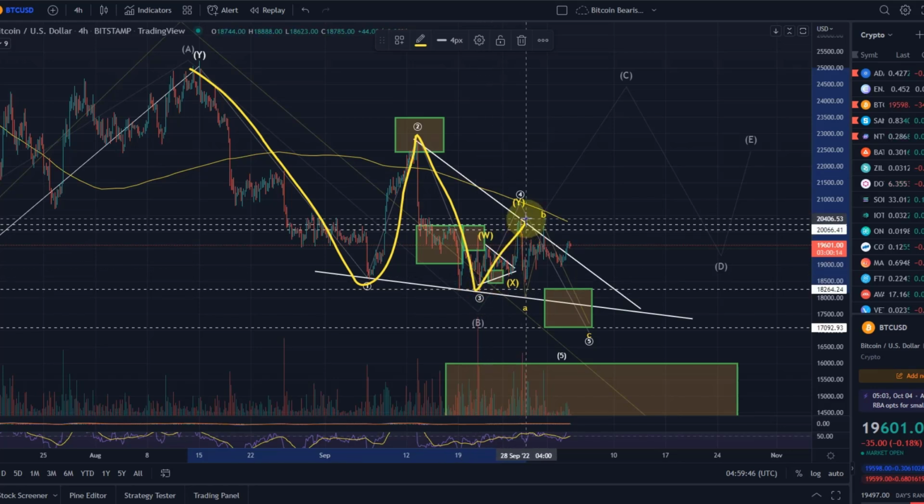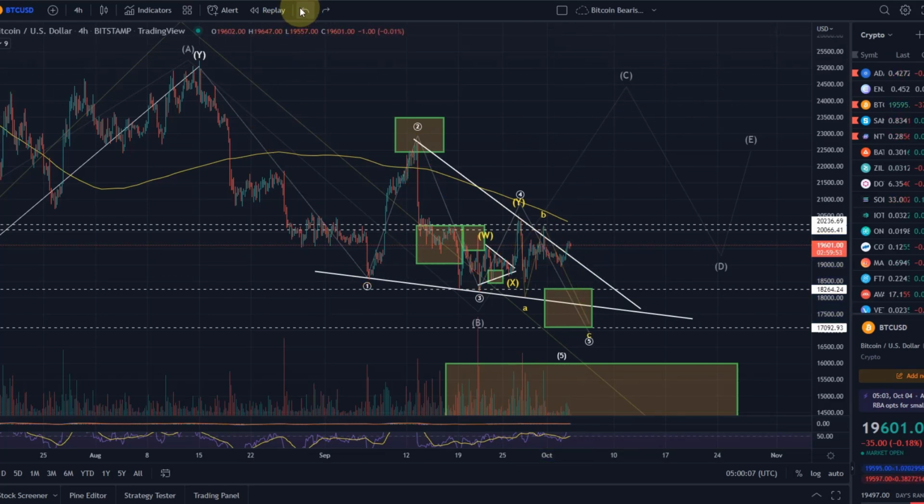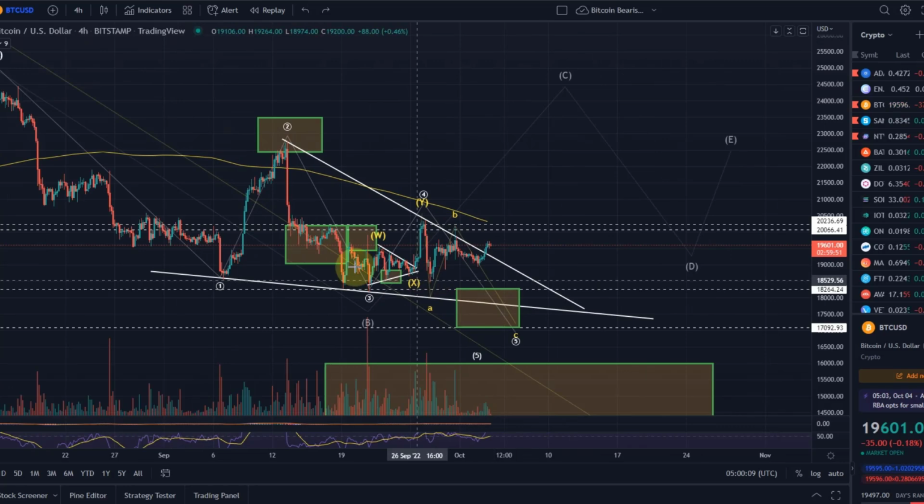The wave 4 done here as well, 20.4k. And now we are coming down in the 5th wave, where the 5th wave has done a wave 1, a wave A, a wave B, and also here we are in the C wave and are currently doing our 1-2 pattern. So in the short term, the same story.